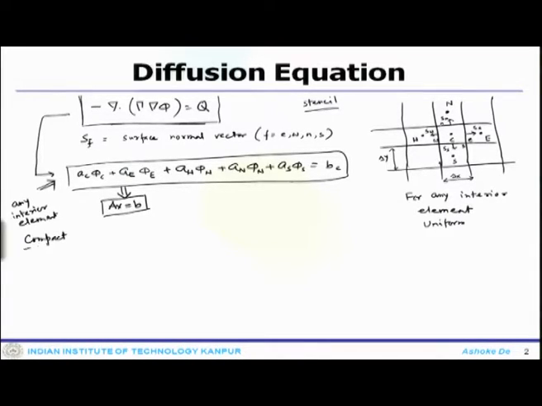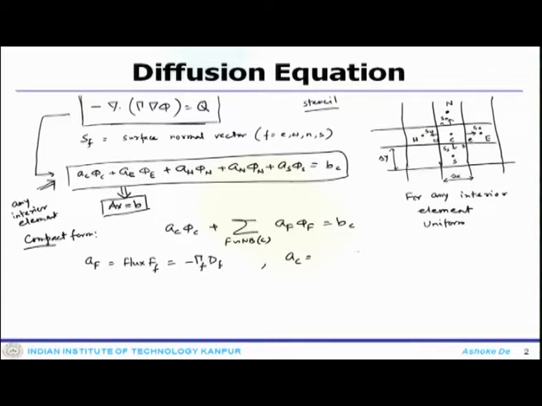While doing this, all our coefficients were in a compact form. If one has to write in a compact form, then it was AC phi C plus summation over the faces of AF phi F equals BC. All these coefficients, like AF, was flux FF, which is minus gamma F DF.